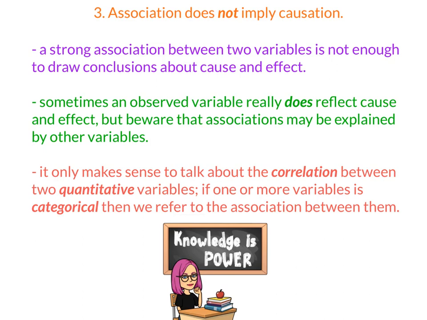And last but not least, we've talked about this before, but it bears repeating. Association does not imply causation. A couple of things about that. So a strong association between 2 variables is not quite enough to draw conclusions about cause and effect. Sometimes an observed variable really does reflect cause and effect, but beware that associations may be explained by other variables.